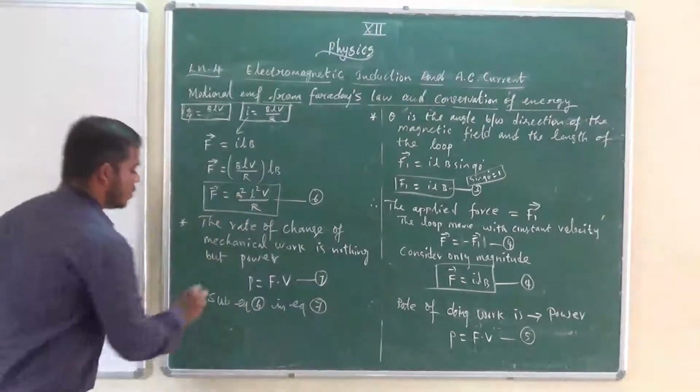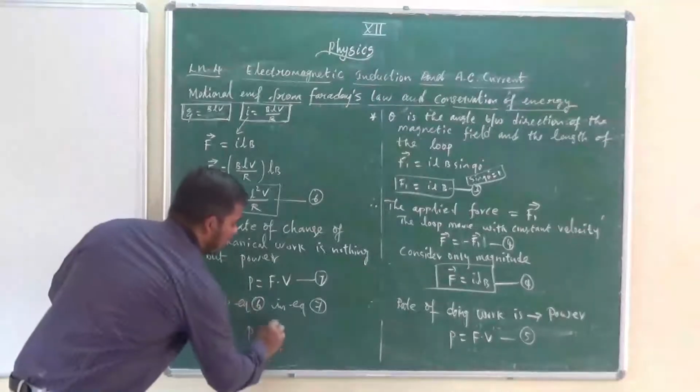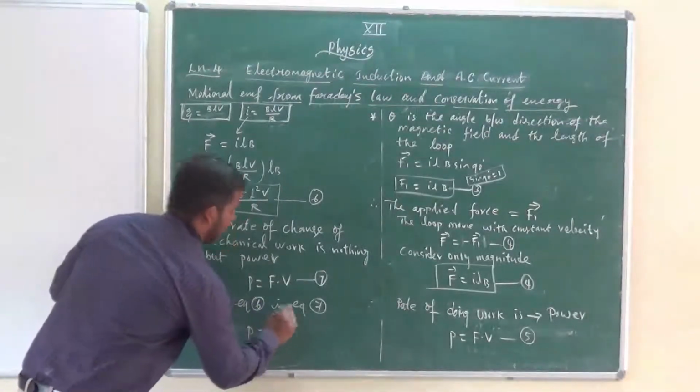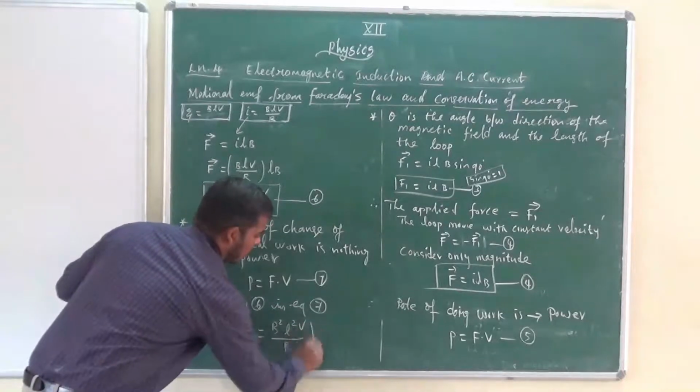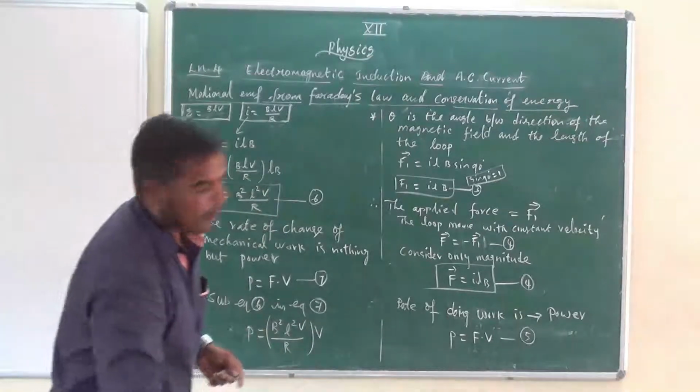What will we get? Power equal to, instead of F, what do I want to substitute? B square L square V by R into V. So what is the final equation?